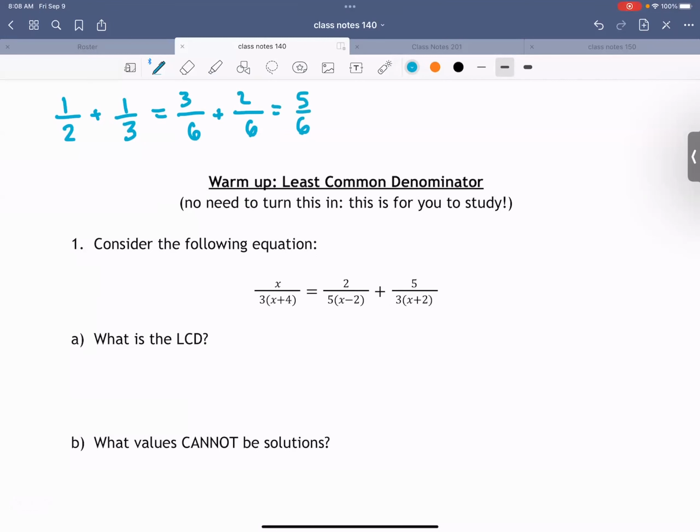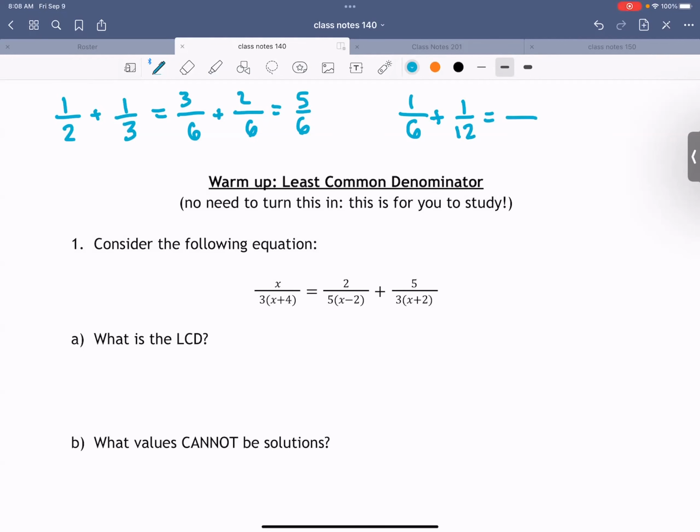Now, unfortunately, LCDs aren't as easy as just multiplying everything in the denominator, because sometimes, for example, if I was adding 1/6 plus, I don't know, 1/12, the LCD isn't going to be 6 times 12, it's going to be 12, right?